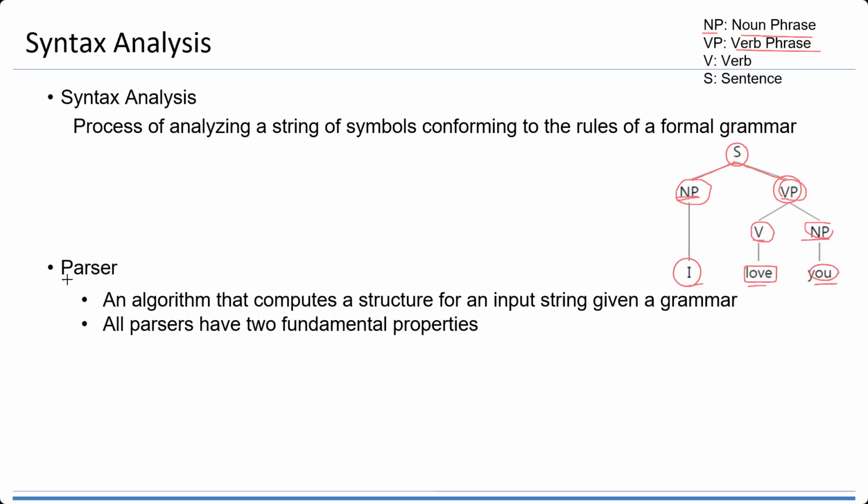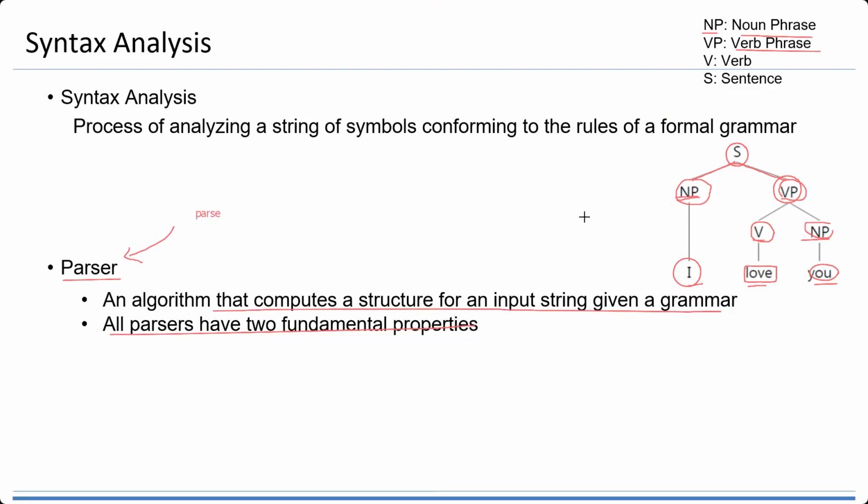So when we do syntax analysis, we need a parser. Parse, from the word parse, means an algorithm that computes a structure for an input string given a grammar. All parsers have two fundamental properties.